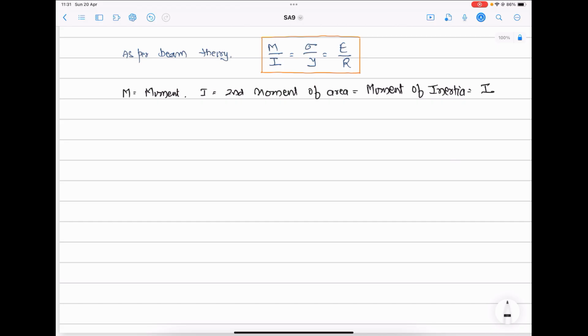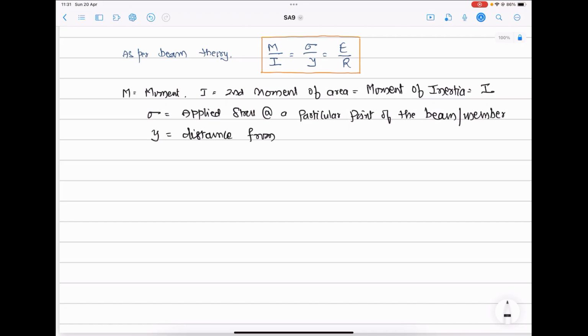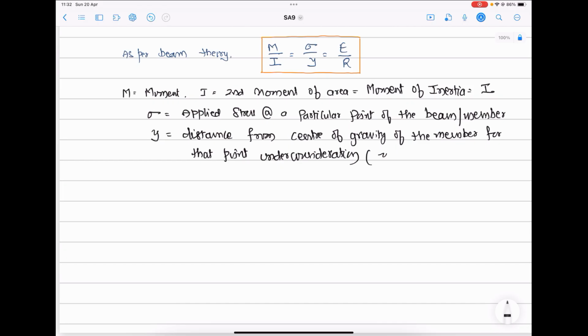That we represent as I. Then sigma is the applied stress at a particular point of the beam or structural member, and Y is the distance from the center of gravity of the member to that point under consideration. This is the Y coordinate.